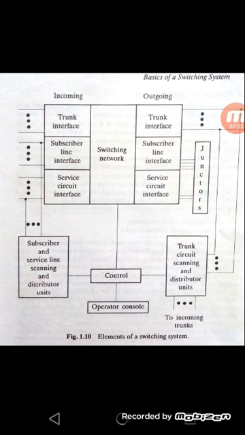The subscriber lines are transmitted or terminated at the subscriber line interface circuits. Next one is trunk interface.